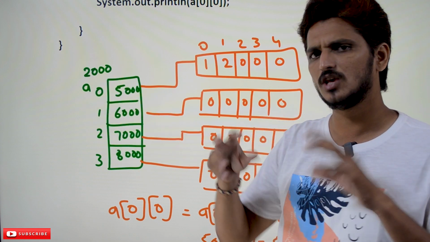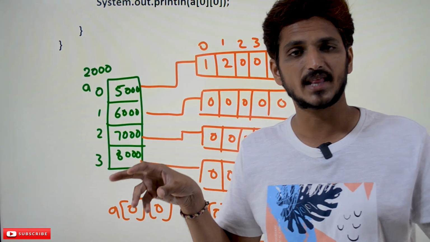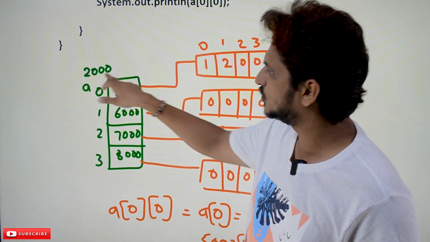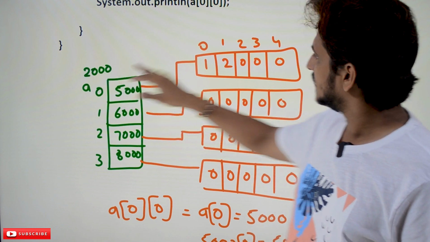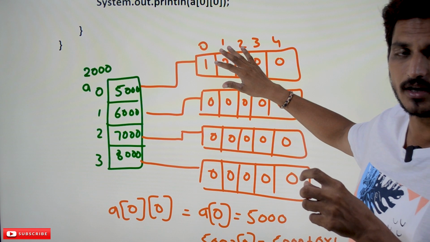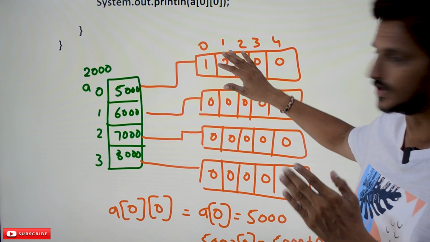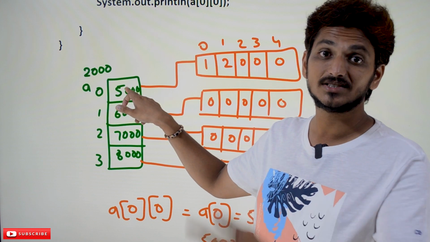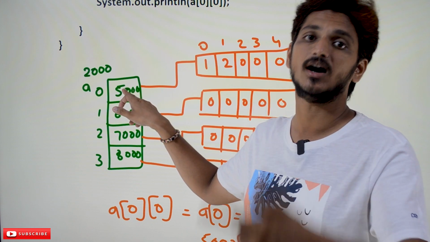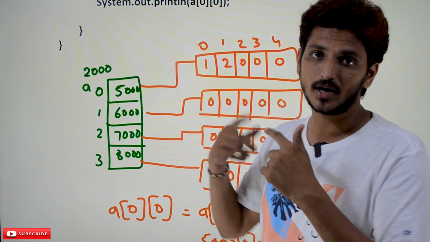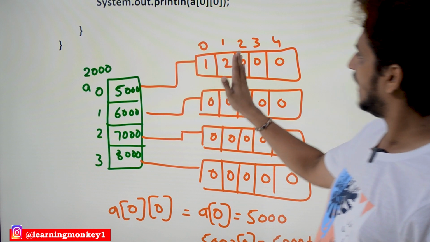Assuming that it may give space anywhere in the random access memory, for our purpose we are taking it as 2000. For the second array, assume that the space allocated is at 5000. The starting location is 5000. That 5000 is going to be stored here. This is how arrays are defined in Java. When you use Java, this is how it is going to allocate space: array of arrays.